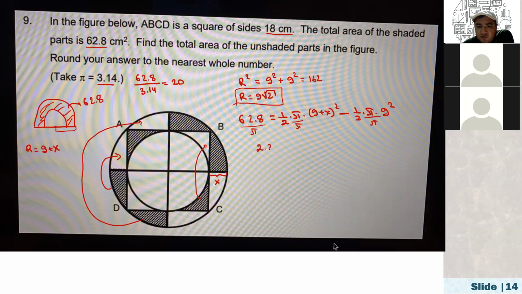So I have 2 times 20 is equal to (9 plus x) squared minus 9 squared, which is 81. So from here, (9 plus x) squared should be equal to 40 plus 81, 121. So x plus 9 is equal to 11, the square root of 121 is 11. What is x? x is equal to 2. So that means that the radius is equal to 11.